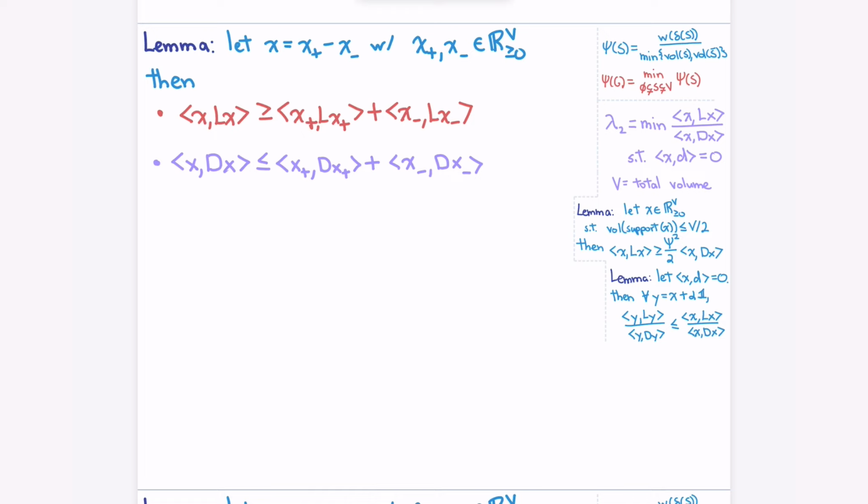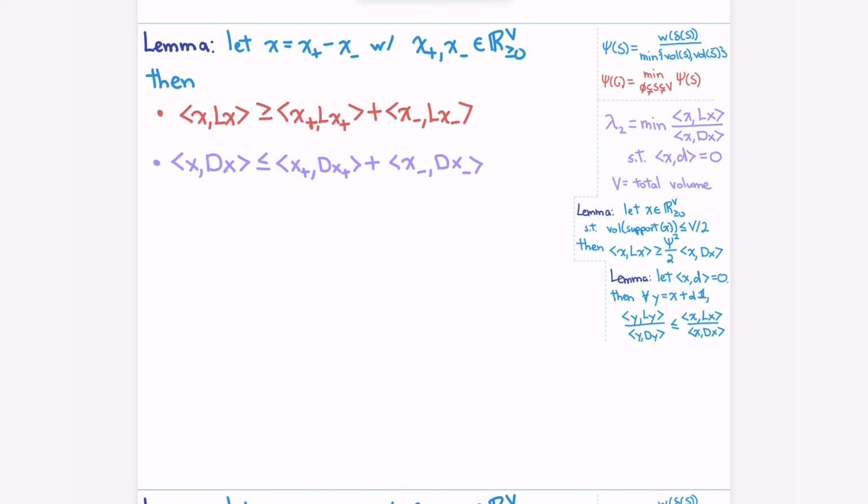Then if I split up xlx into the two, it'll just go down in value. And if I split up x dx into the two values, it only goes up in value.